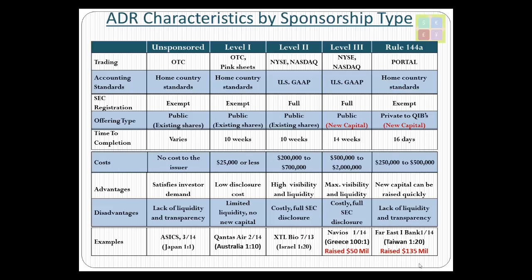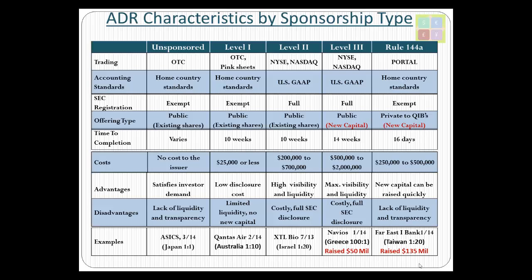Under level 3, a Greek company called Navios issued shares in January of 2014. And here the ratio was 100-to-1. That means one share was split into 100 ADRs, and these were preferred shares of Navios.